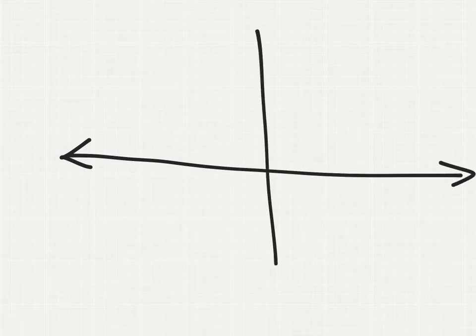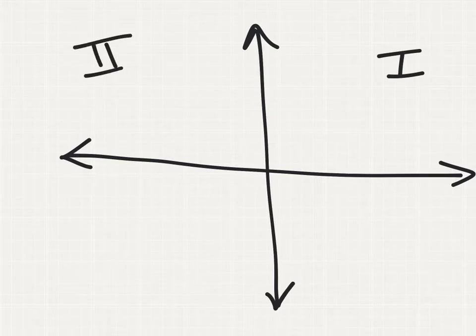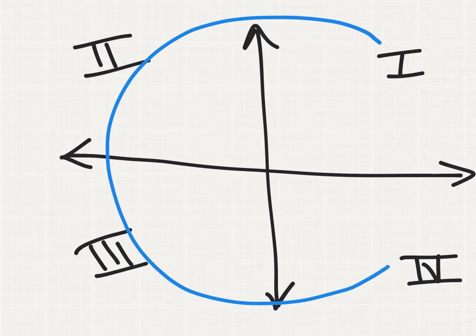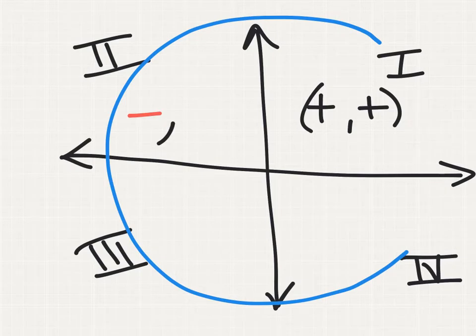Now you may have noticed the 4 quadrants represented on the coordinate plane, numbered using Roman numerals, counterclockwise in the shape of the letter C for coordinate plane, have ordered pairs that follow the same format every single time.